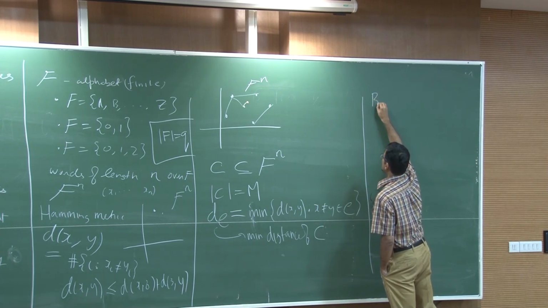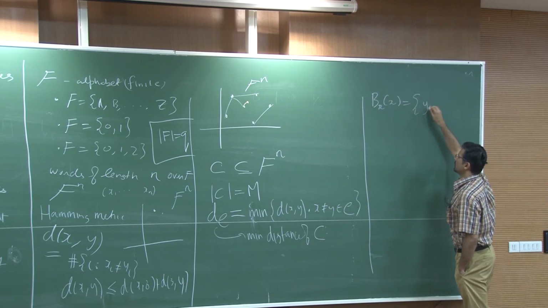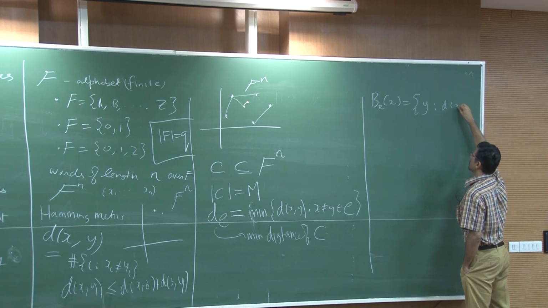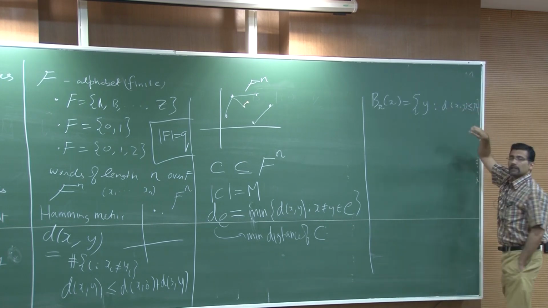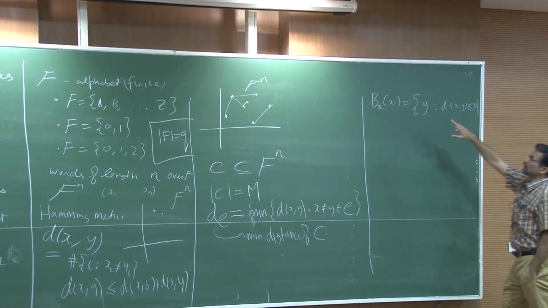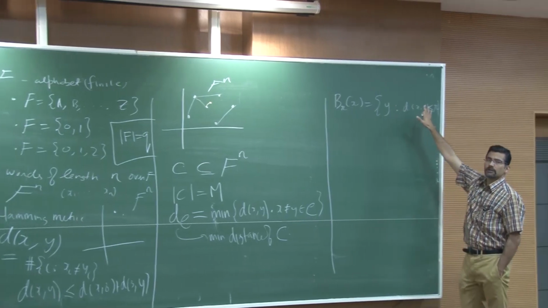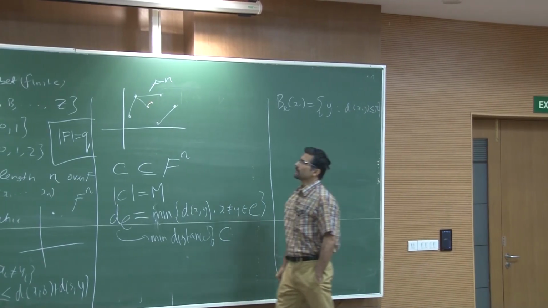Let me say B_r(x) is equal to all y such that d(x, y) is less than or equal to r. Just like in Euclidean space, this is the center of the ball, this is the radius. You can do this over any metric space. So let me draw those balls here.